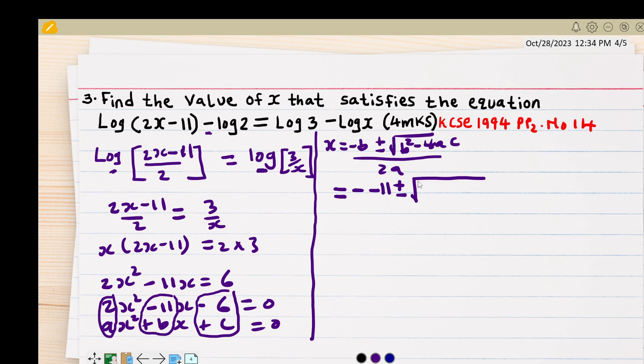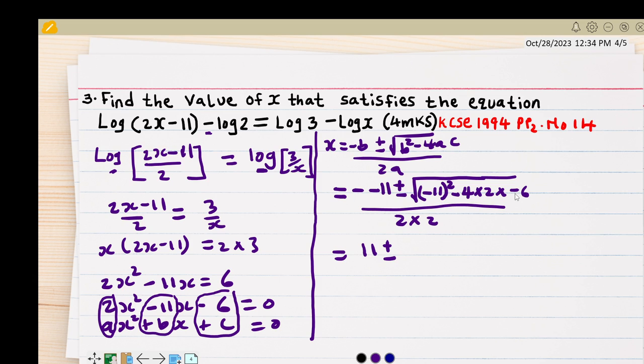So this is negative 11 squared, of course, which will give you a positive value. Then minus 4 times a is 2, then multiplied by c, my value of c is negative 6, then the whole thing divided by 2 multiplied by a, my a is 2. So negative of negative will give us plus 11, then plus or minus.